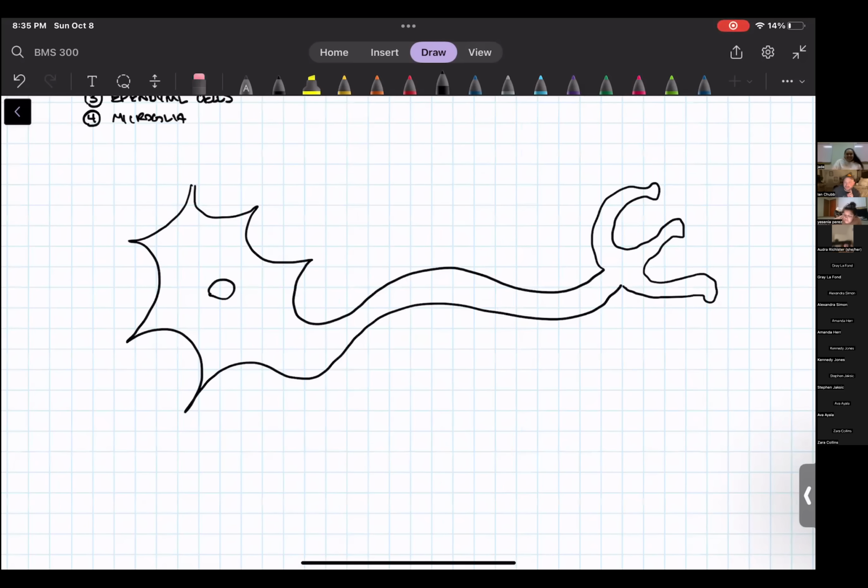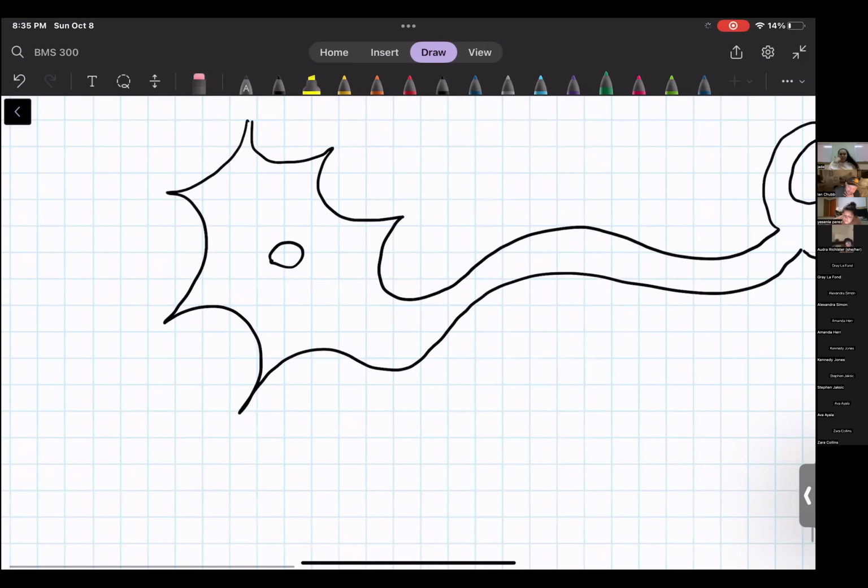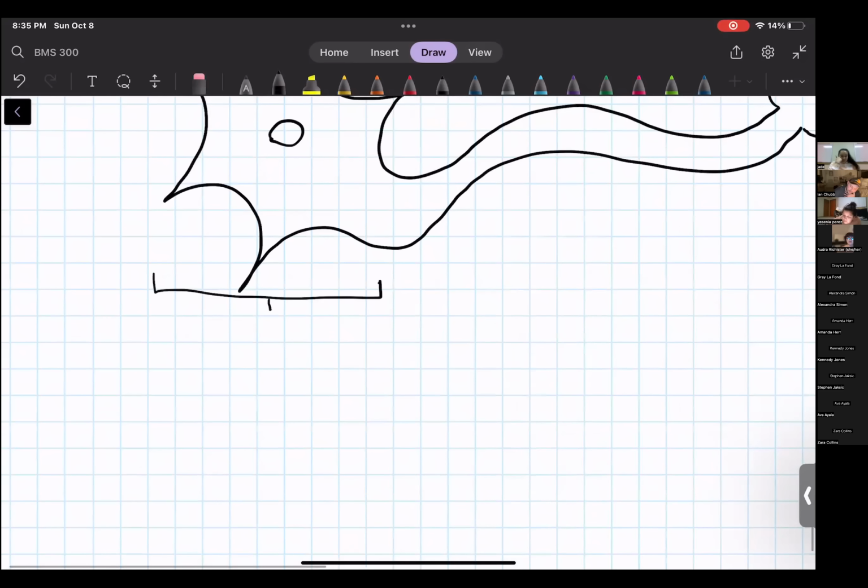But we know cell body, axon, axon terminal. These are my dendrites. What I want to break down is where we find certain channels. What channels do we find in the input region here? Ligand gated ion channels. Nice. So ligand gated. What's the ligand we're usually talking about?